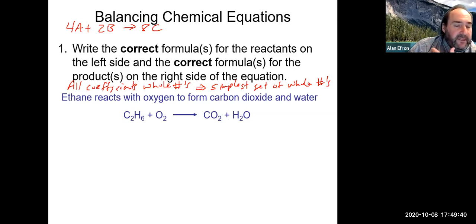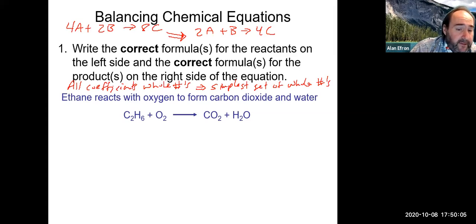Now, if this equation is balanced and maybe we use all these coefficients here to get us to balance it, when we look at the coefficients, we actually can reduce everybody here down by 2. And you should do that. So you would want to reduce everybody down by 2 to get the properly balanced equation of 2A plus B gives you 4C.